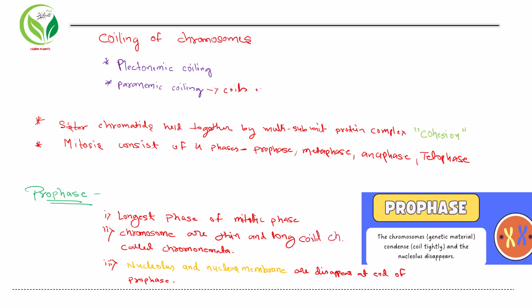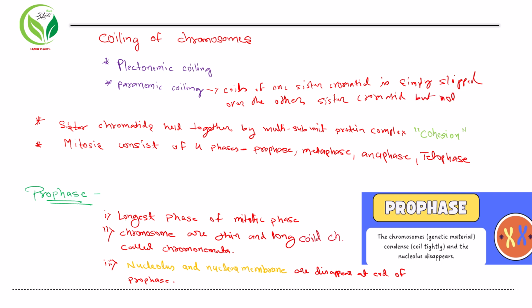Coils of sister chromatid are simply slipped over the other sister, but not twisted each other.